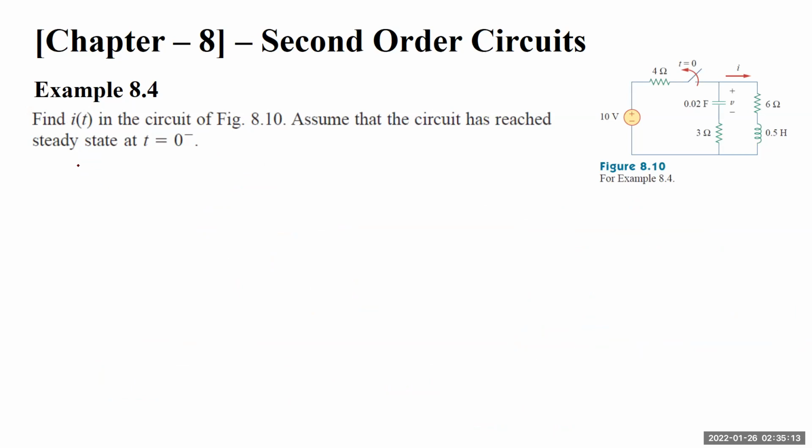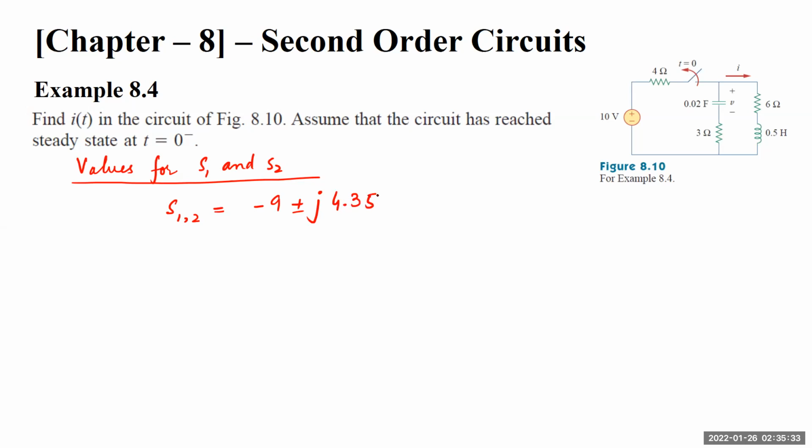Okay, so now let's find out the values for S1 and S2. So for the values of S1 and S2, just simply solve that characteristic equation. We get minus 9 plus minus j times 4.359.